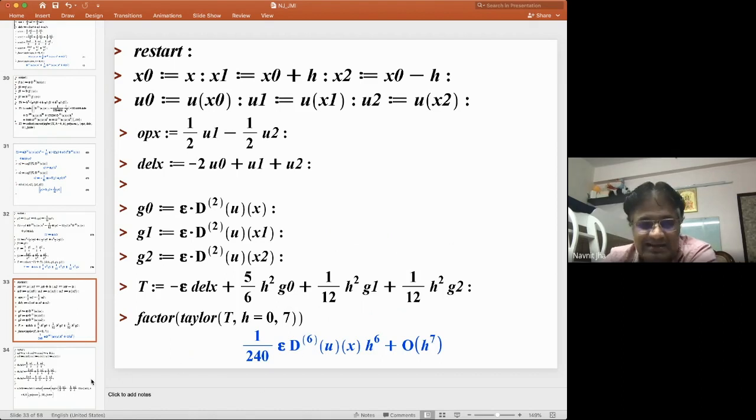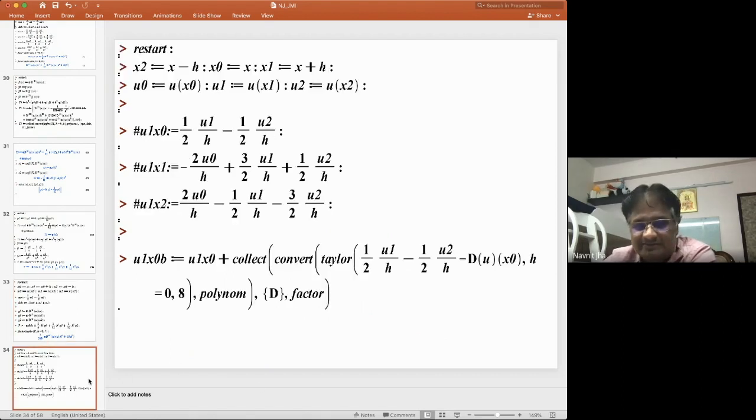Now we will extend it again to the general equation. As usual, here I have put these three things in the comment line. Again u0, u1, u2 and x0, x1 and x2 are exactly the same as what has been defined earlier. And I will write u1 x0 bar like this, minus the first derivative I have written here as u1 x0, and here it is u1 x0 bar, the updated one.